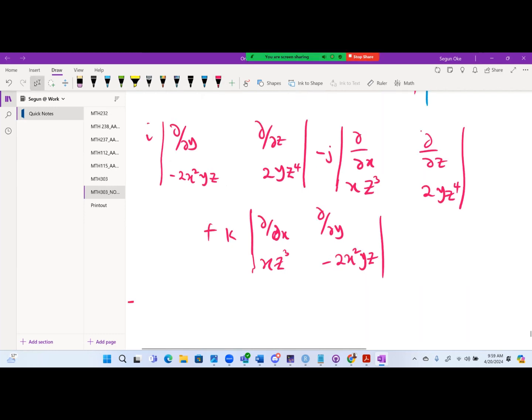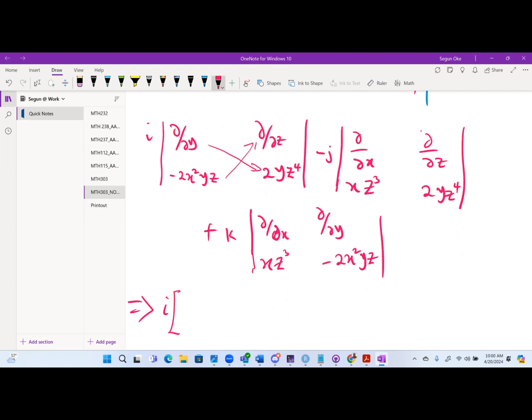So at the end of the day, what do I have? All you need to do is cross multiply. For i, this will multiply this one, while this will multiply minus this one.